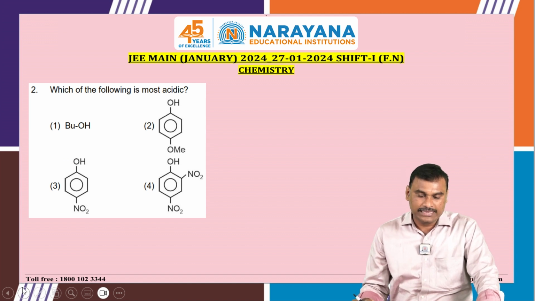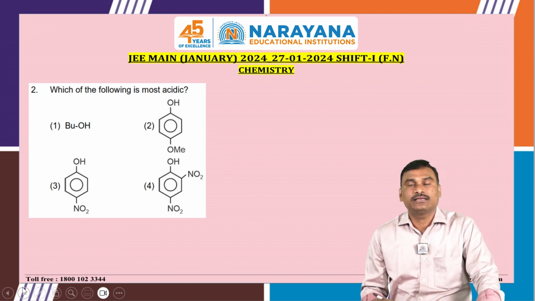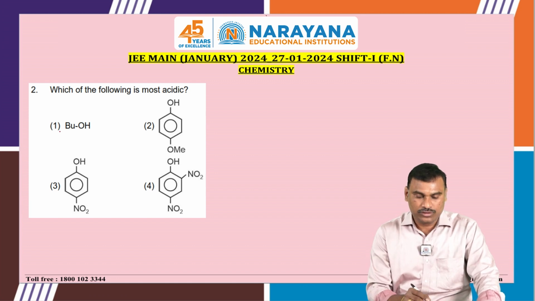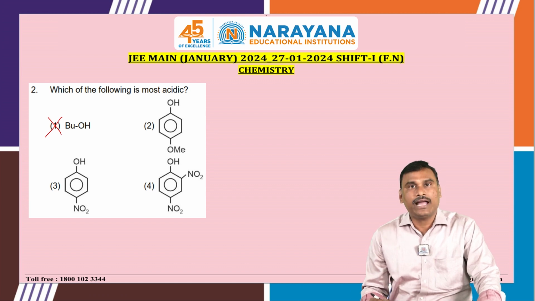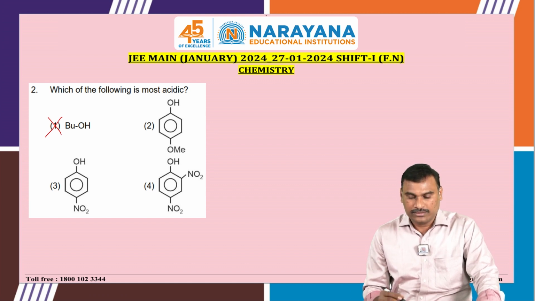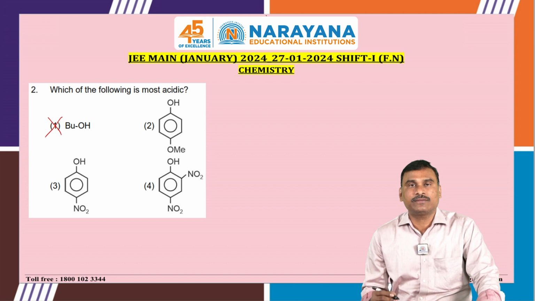Which of the following is the most acidic? Generally, here the options are phenol and alcohol. Phenols are more acidic than alcohol, so the first option is not possible. Among 2, 3 and 4, the more withdrawing group will stabilize the conjugate base more.